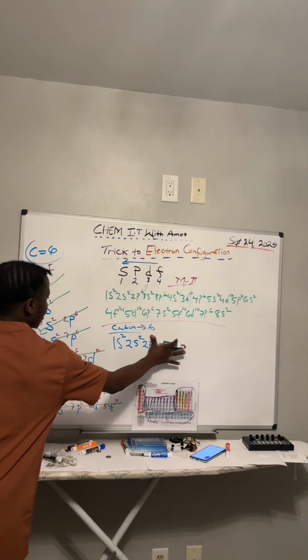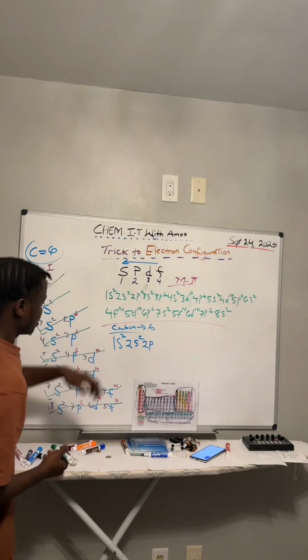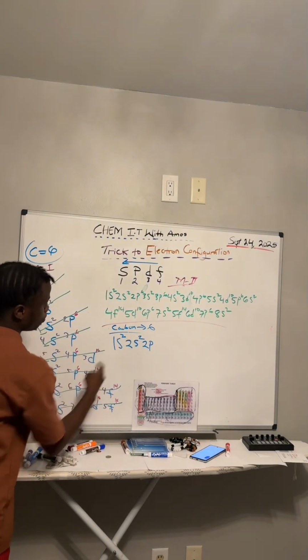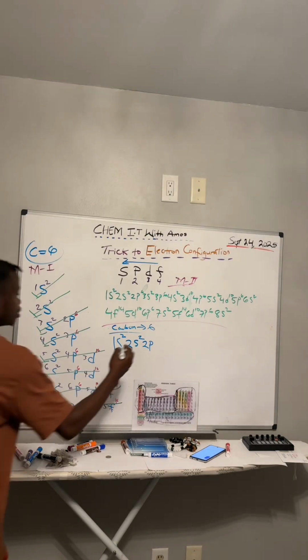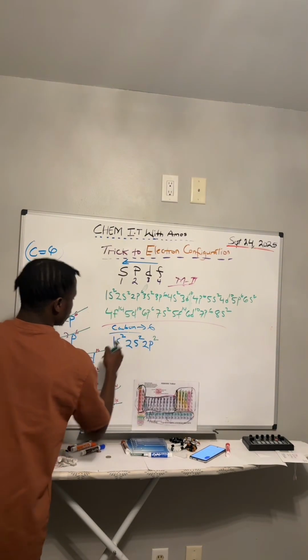So in configuration, you cannot cross the maximum number, but you can minimize it based on which element you are configuring. Carbon is element 6. We have consumed 4, so we write 2p2, and that gives us 6.